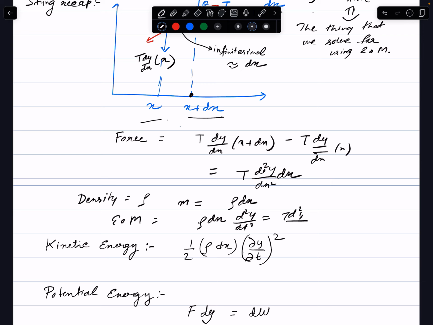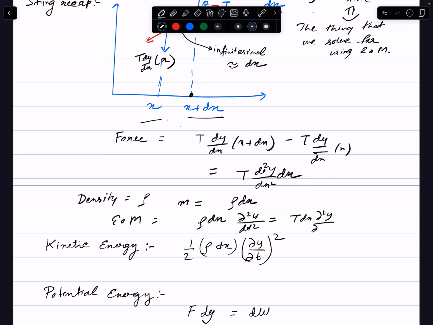So I should write partial derivatives, because y is a function of both t and x. It changes with time and it varies with which point we are talking about. So I should write partial derivatives, del 2y del x2, equals T dx del 2y. So this is my bad.